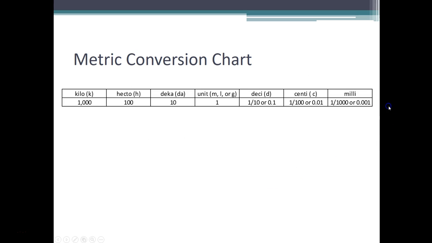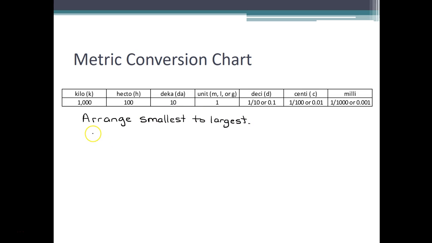Now, I want to do one more problem because sometimes people face this problem in the homework and they're not sure what to do. There's some questions where it asks you to arrange from smallest to largest. And they'll give you 3 quantities.